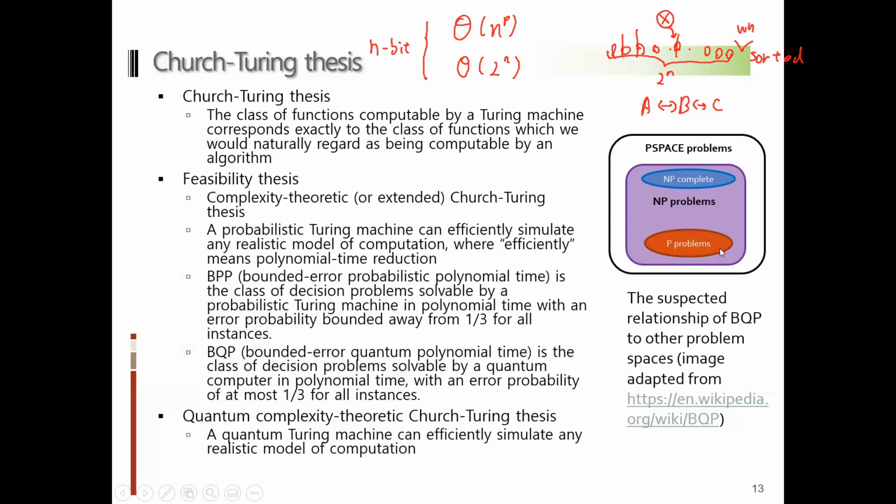However, then there is no point in being interested in quantum computers. What people hope, and believe, is that there is some kind of problem which cannot be solved within polynomial time on a classical computer, but might be solved by a quantum computer in polynomial time.